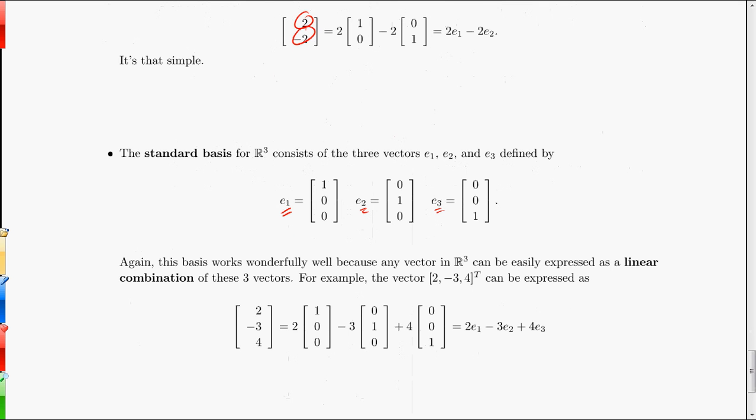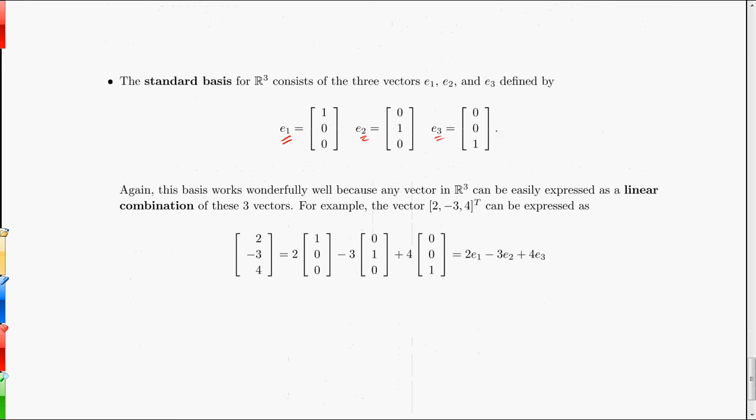Okay, and again, the wonderful thing about this basis is that if I want to find the coefficients of a linear combination of these basis vectors that produce some vector, say this vector here, the coefficients are just right inside the vector. So it's 2 times E1 plus -3 times E2 plus 4 times E3.